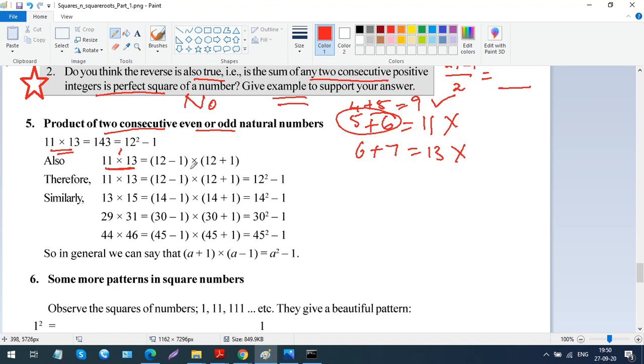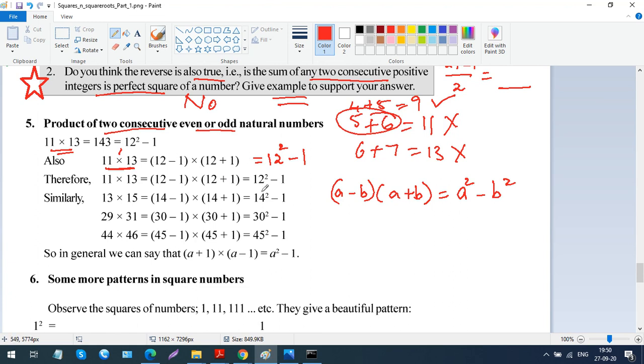You can write it as 12 minus 1 into 12 plus 1, or you can just write this as 12 square minus 1. Understood? You would have heard about this property we had learned: a minus b, a plus b multiplied together gives you a square minus b square. Right? So this is how we are using this property.